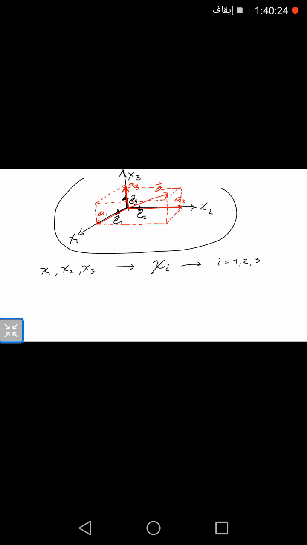Instead of using the typical axis labeled X, Y, and Z, in this case we use X1, X2, X3. This coordinate system could be represented in index notation x_i with i varying between 1, 2, and 3.